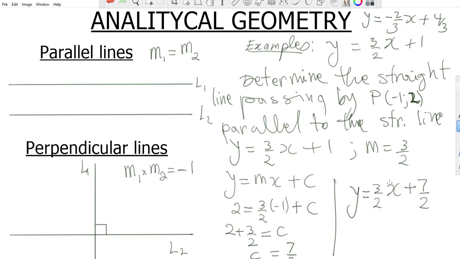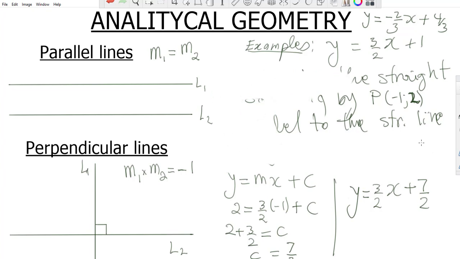So the line which is parallel to this straight line, look at here.